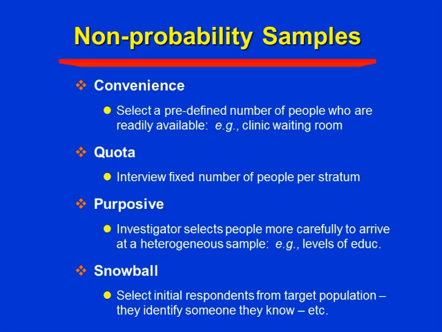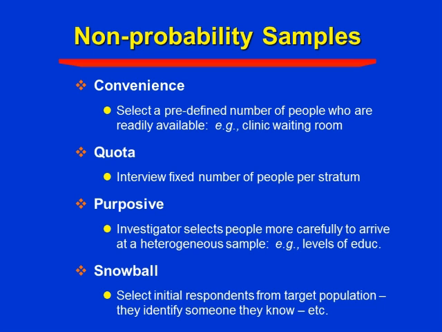A variation on this is quota sampling, where you may have a fixed number of people for a given group. So for example, often if you want a gender-based study, you'll do a quota sample of men and a quota sample of women so that you get a 50-50 breakdown of men and women, rather than just taking whoever you get and ending up with 25% men and 75% women.